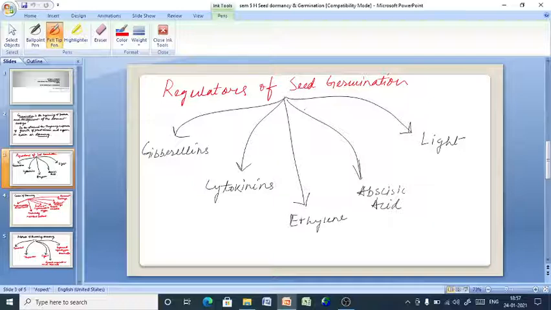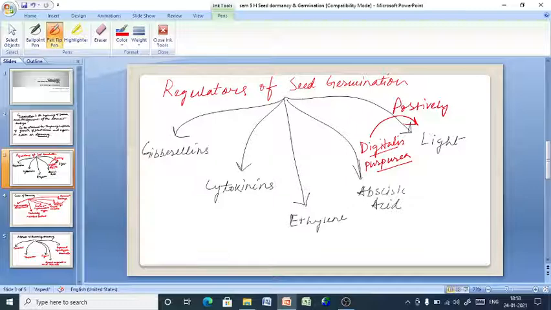This is known as Digitalis purpurea, positively photoblastic.